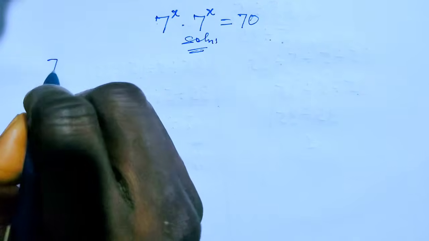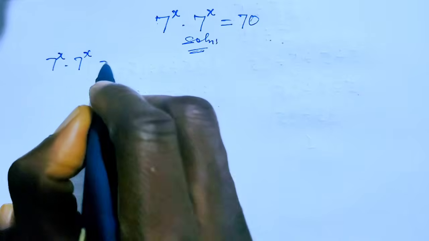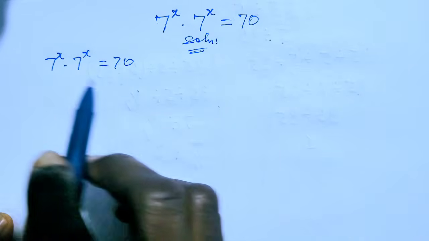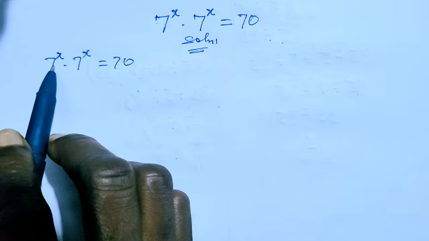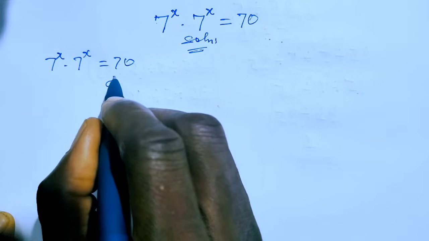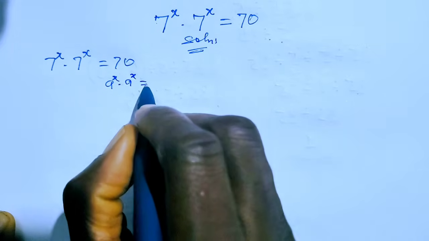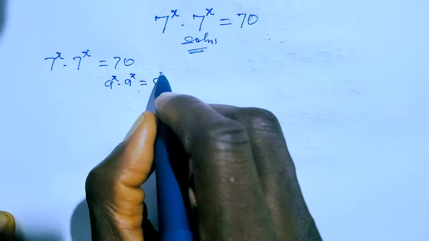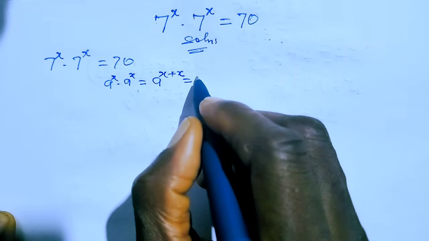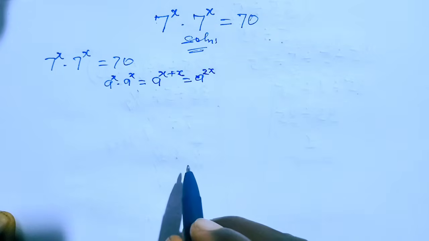We have here 7 to the power of x multiplied by 7 to the power of x equals 70. Now, recall that if you have a to the power of x multiplied by a to the power of x, this is equivalent to a to the power of x plus x, which equals a to the power of 2x.